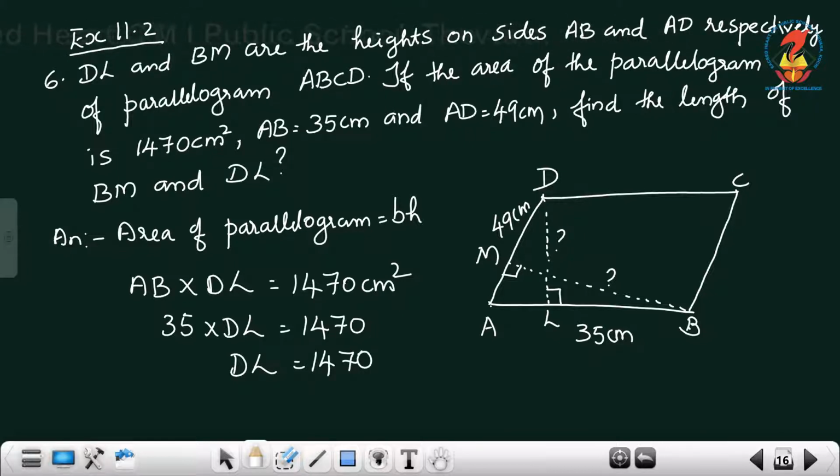DL equal to 1470, with 35 moving to this side, divided by 35. Multiplication becomes division by the transposing method. 1470 divided by 35.